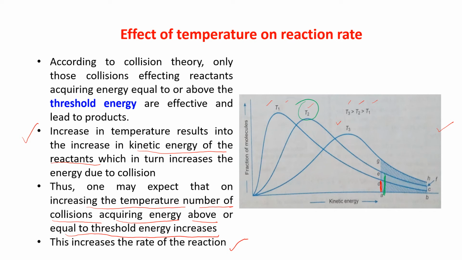Now see at temperature T3, the effective collisions are from G to A. So more effective collisions are taking place, and more product will form. As you increase the temperature, the kinetic energy of the reactants will increase, so their collisions will increase. Not only collisions, the effective collisions will increase, and more product will form.